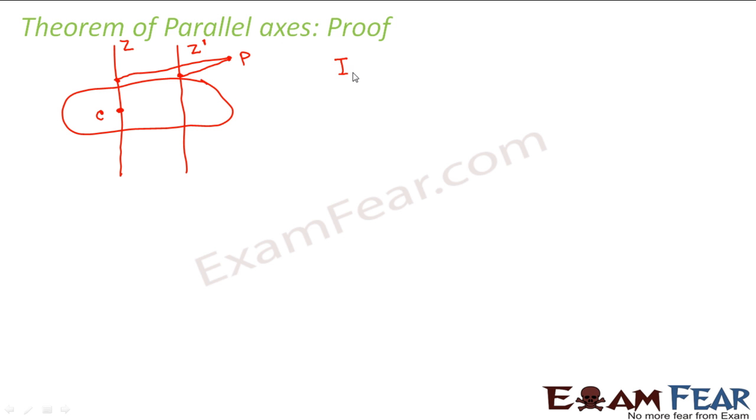Now let us try to calculate the moment of inertia about the Z dash axis. As per definition, this will be summation of mi into ri square. What is ri? Ri is nothing but the distance from Z dash, so let us call this point D. This will be PD square. So this will be equal to summation of mi into PD square. Now this point P has coordinates xi, yi, zi.